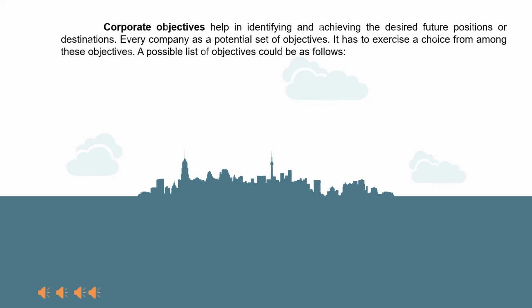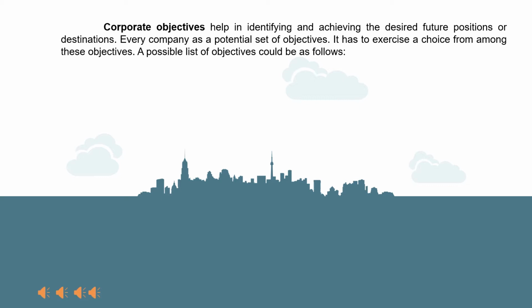The next step in corporate planning is setting up corporate objectives. Corporate objectives help in identifying and achieving the desired future positions or destinations. Every company has a potential set of objectives. It has to exercise a choice among these objectives.